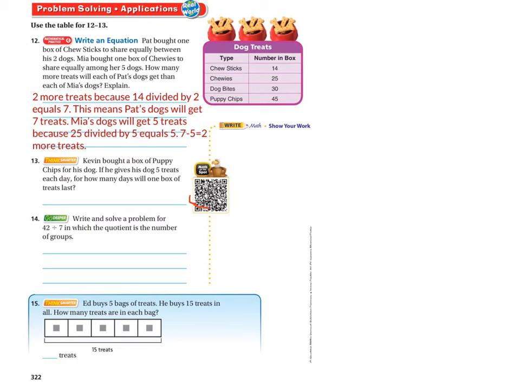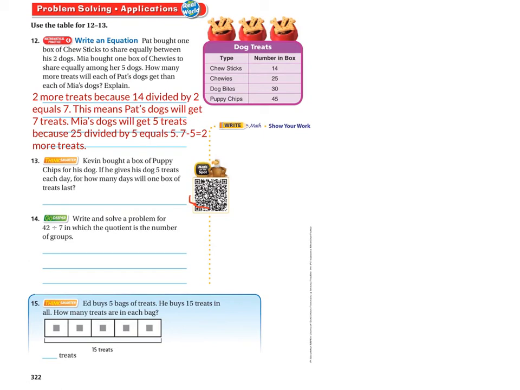After realizing that Pat's dogs will get 7 treats, you needed to look at the problem to find the next step. The next step is to read this line, Mia bought 1 box of Chewies. Okay, now look at the chart. 1 box of Chewies have 25, so there are 25 Chewies in a box. And going back to the problem, Mia is feeding 5 dogs.